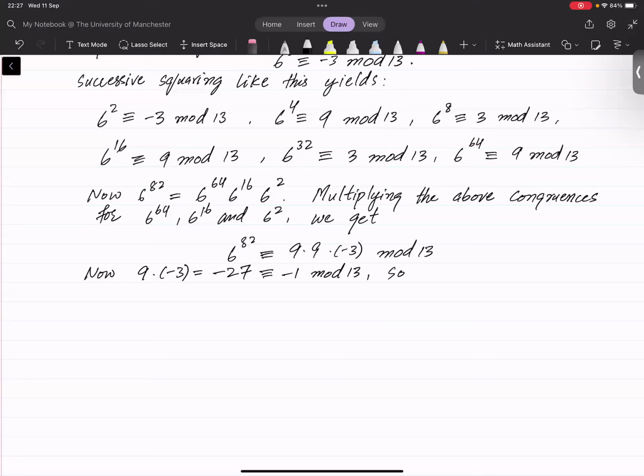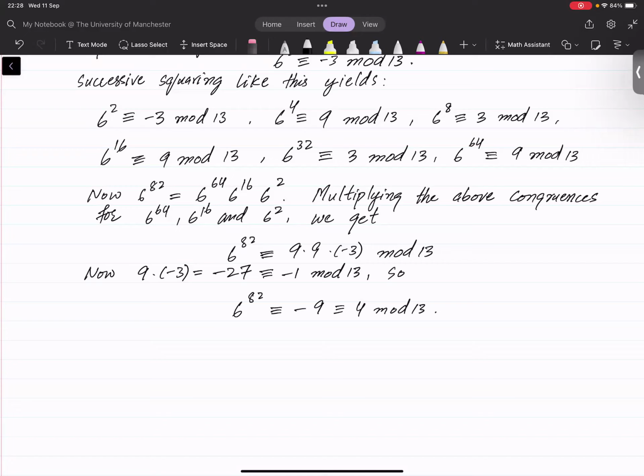So 6 power 82 is congruent to minus 9, which is congruent to 4 mod 13.